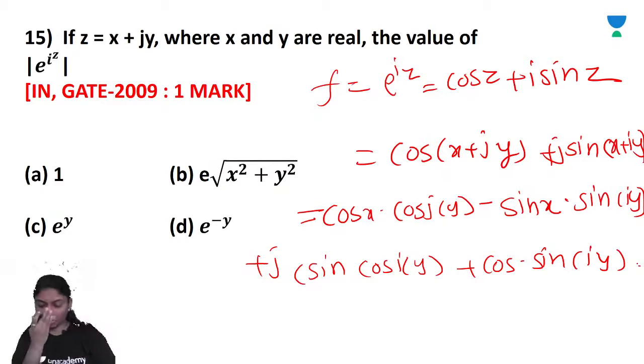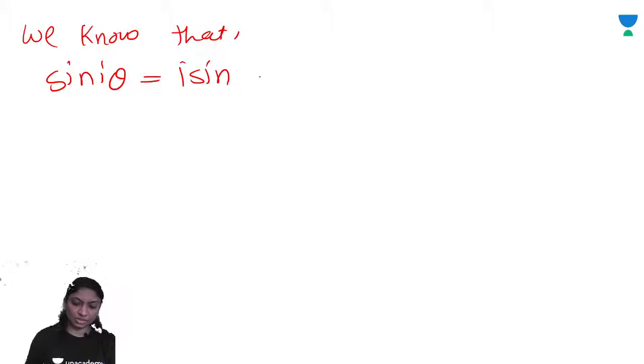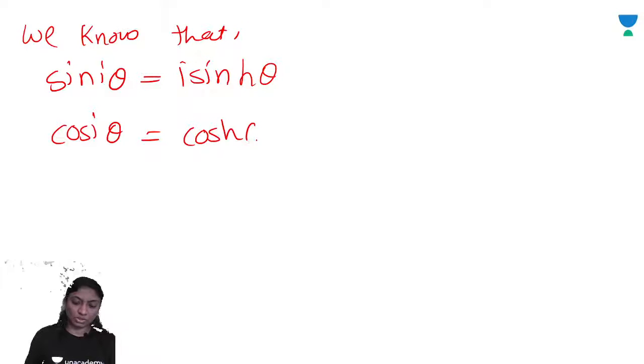Okay? So we know that sin i theta is equal to i sinh theta, and cos i theta is equal to cosh theta.